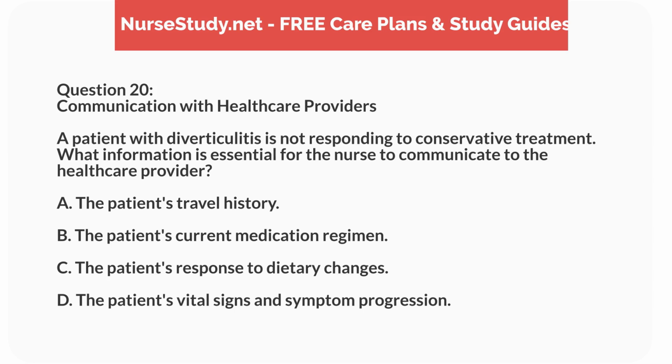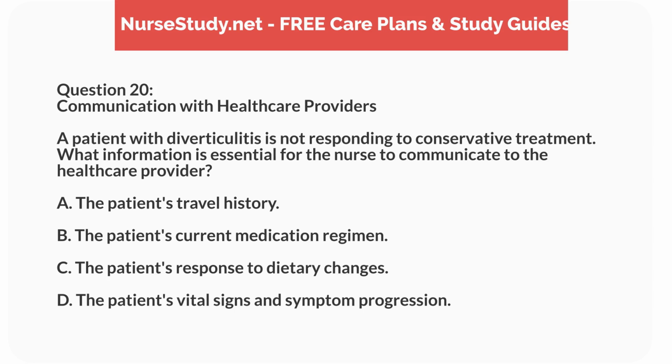Question 20. Communication with healthcare providers. A patient with diverticulitis is not responding to conservative treatment. What information is essential for the nurse to communicate to the healthcare provider? A. The patient's travel history. B. The patient's current medication regimen.